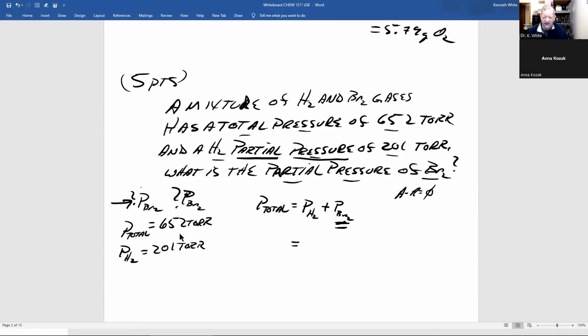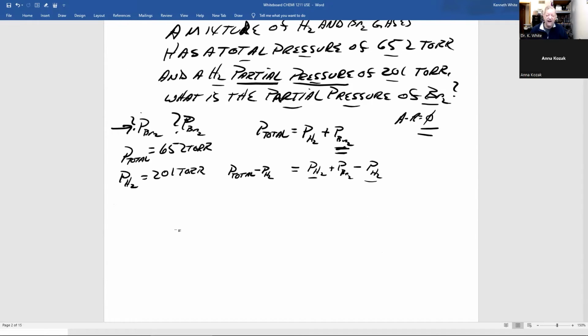So if I take hydrogen plus partial pressure of bromine, and I subtract the partial pressure of hydrogen, it's going to be gone because anything minus itself is 0. It's gone. But whatever I do to one side of the equation, I have to do to the other side. And I did.